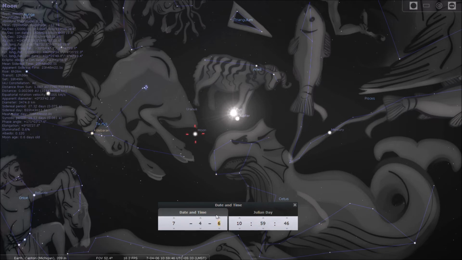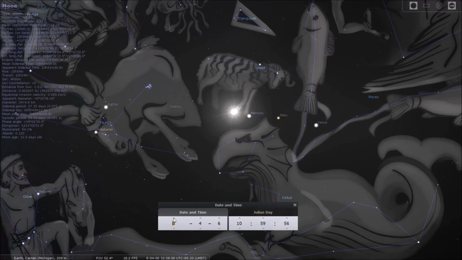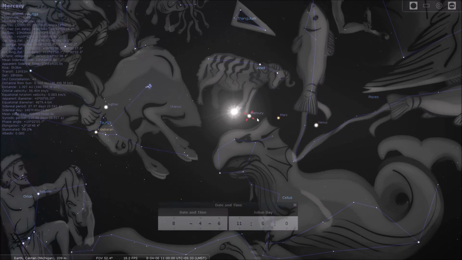But that's an interesting sign in and of itself. But that's not what you guys are looking for, is it? And then 8. Here we have Mercury, then Venus, all lined up in a row to pass by the Sun. 8th.